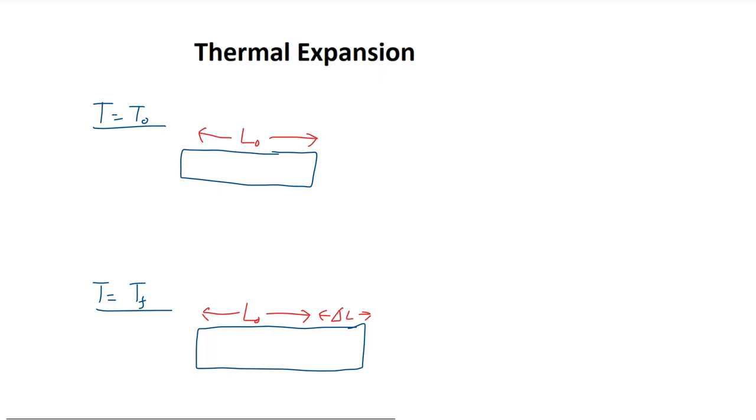The change in length of that rod can be calculated as follows. The amount by which the rod length increases is dependent upon three different factors. The first factor is the original length of the rod. Naturally, the fraction of change of the length of the rod is dependent upon how big the rod originally is. Also, of course, the amount by which the rod expands is dependent upon how big the temperature change is.